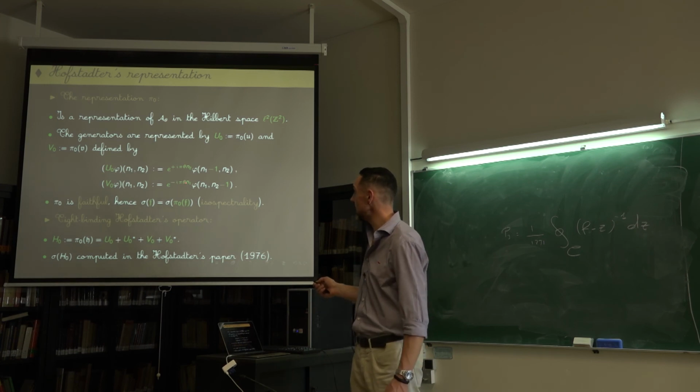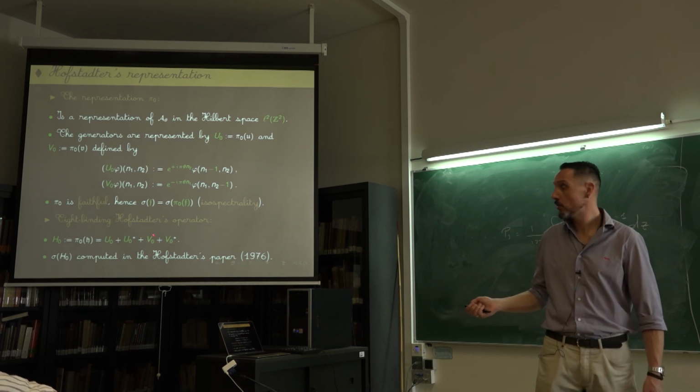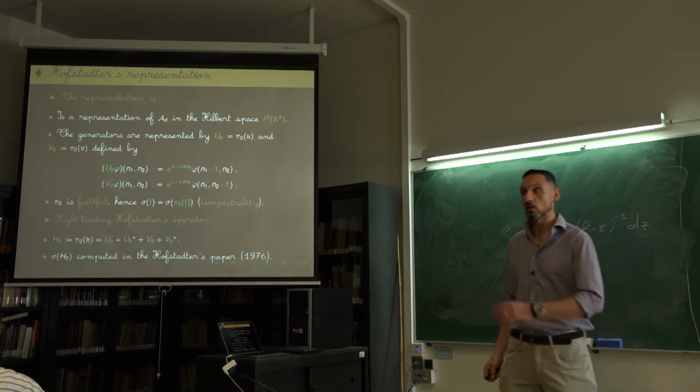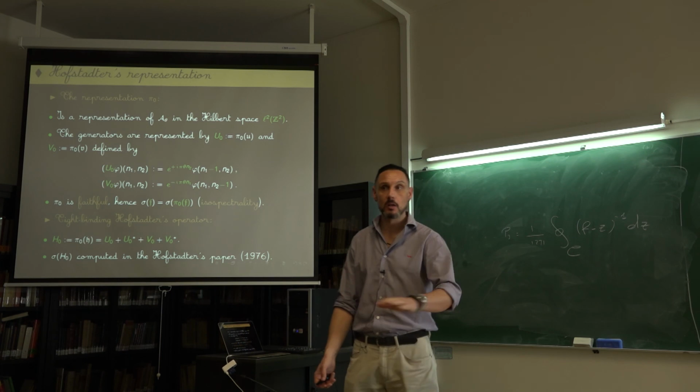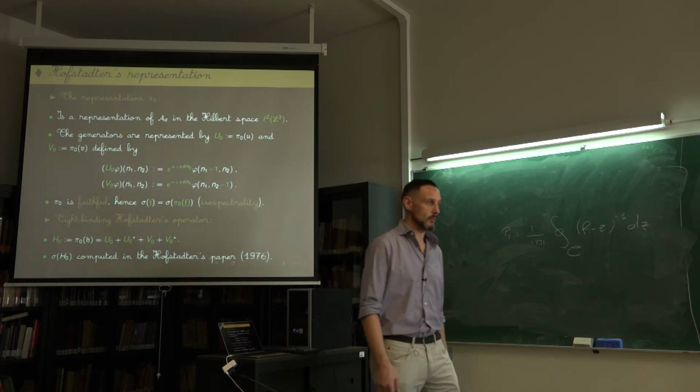In this case, theta plays the role of this magnetic field. Okay? Physically, this is the model for the motion of an electron in a constant magnetic field perpendicular to the lattice. Non-interacting. This is a free electron.